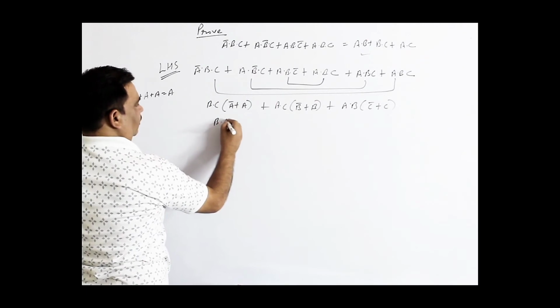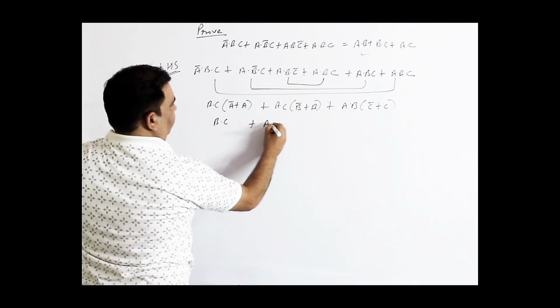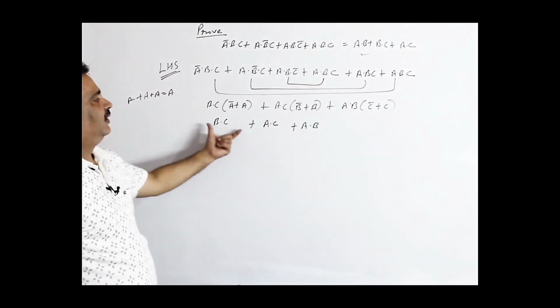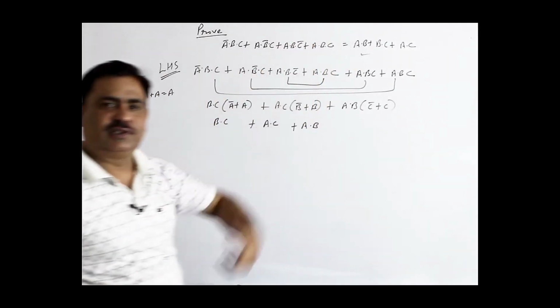So B dot C dot 1 is B dot C, A dot C dot 1 is A dot C, and A dot B dot 1 is A dot B. RHS, hence proved.